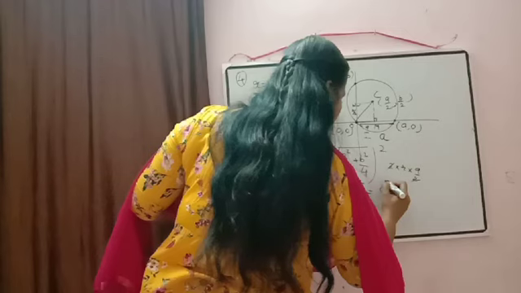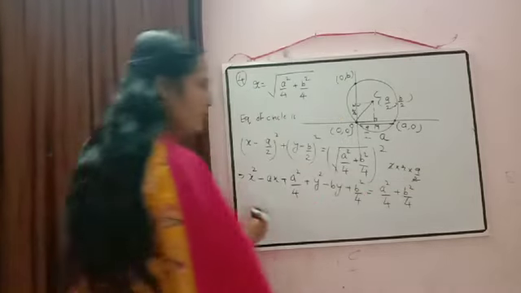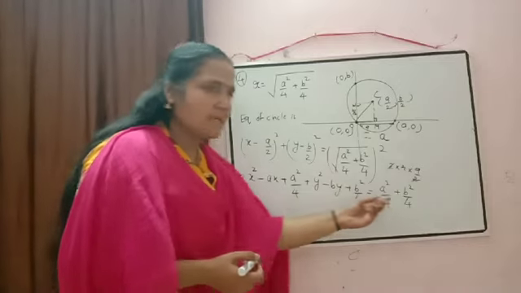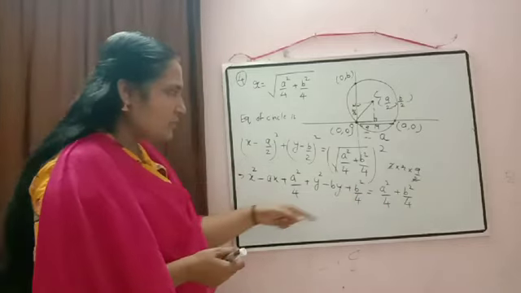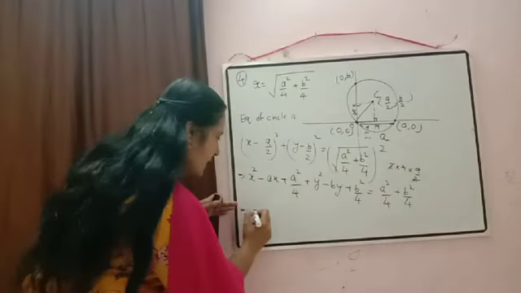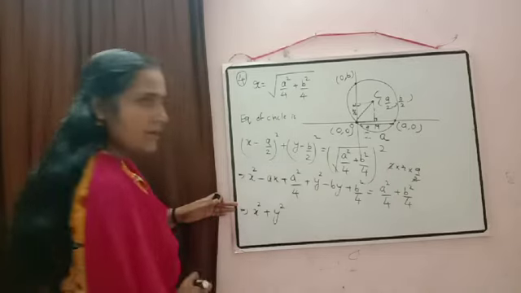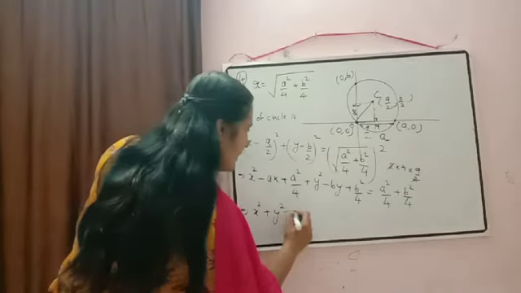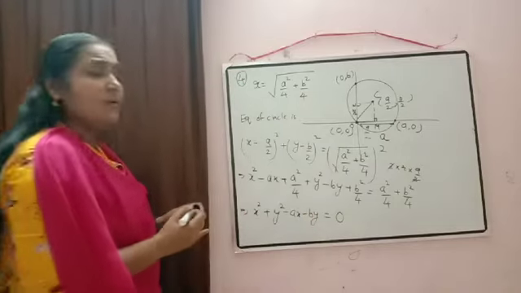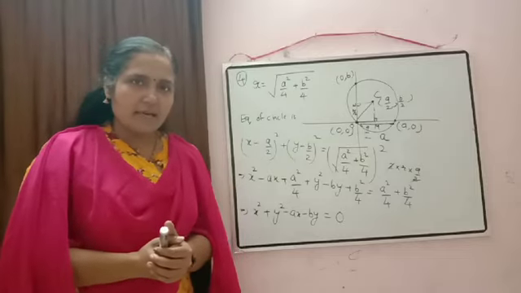Remaining it will be a square by 4 plus b square by 4. When you shift a square plus b square to the left-hand side, both get cancelled, so I am writing directly the next step. It will be x square plus y square minus ax minus by equals 0. This is the equation of the circle. I hope this question is clear.